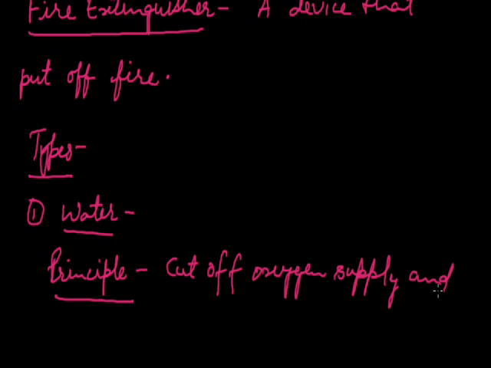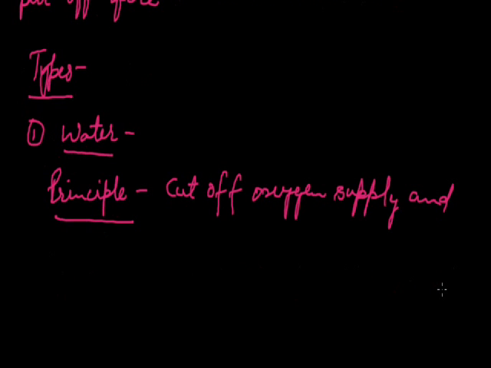Also, when we put water on some burning substance, the temperature of that substance goes down below its ignition temperature. As we know, a certain minimum temperature is required for a substance for burning. So that substance is not burning anymore. The fire has been extinguished. It is to cool down substance below ignition temperature.